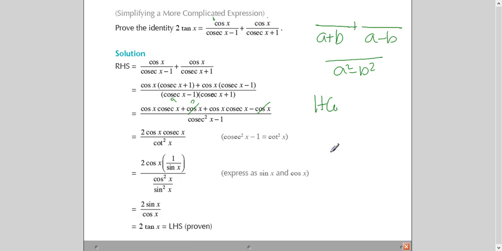So let's see here. It is 2 cos x over sine x, numerator, right? This is multiplying into sine square x over cos square x, when we change this division into multiplication. So now this cancels with this, this cancels with this. So you are left with 2 sin x cos x, which equals tan x, the left hand side. I hope you understood.